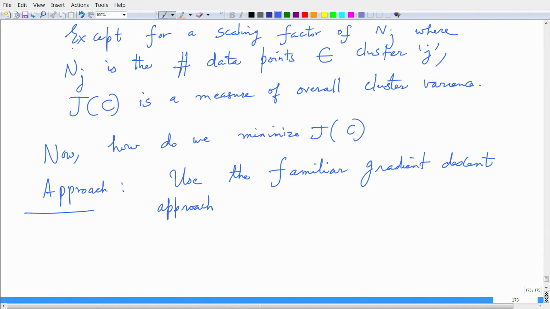It does not have the number of points for the cluster, except that it is a measure of the overall cluster variance. Now, let us formalize this approach to solve this problem, and the idea is to use a familiar gradient descent approach to minimize the distortion function.